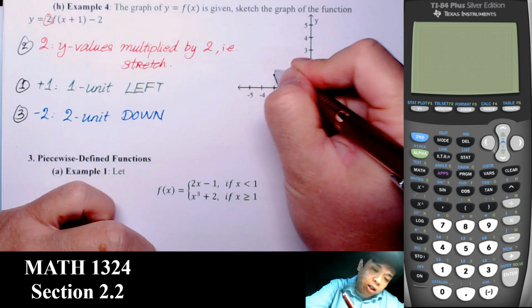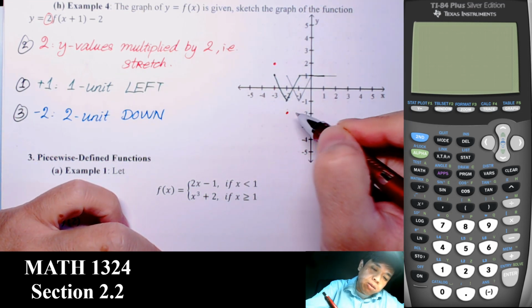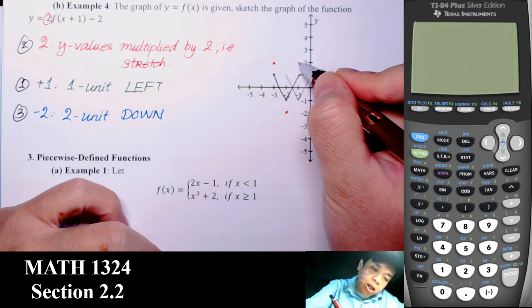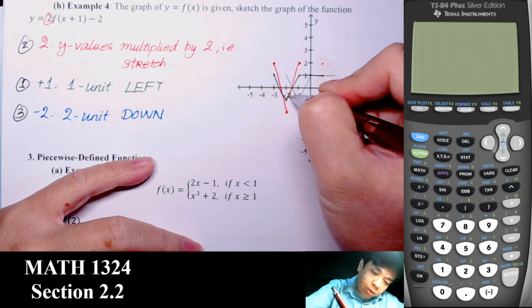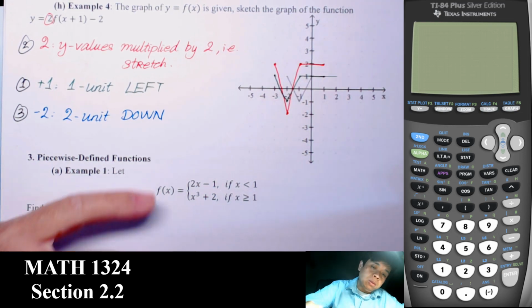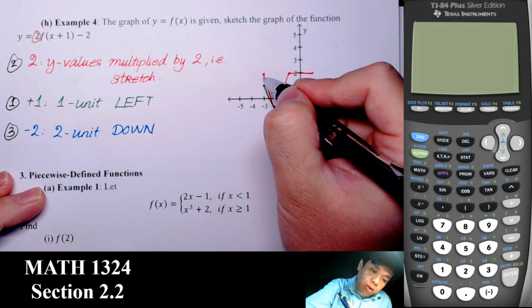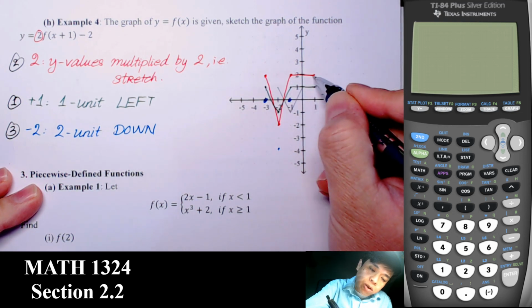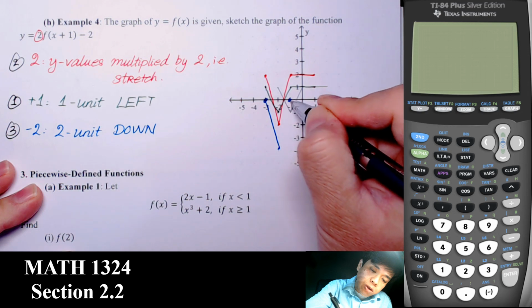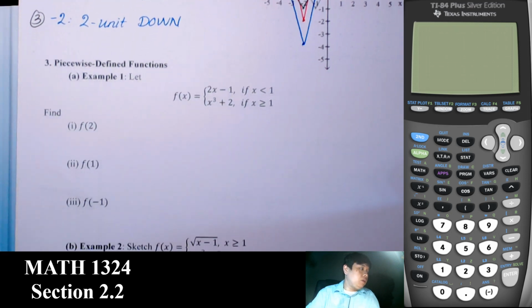So y value is 1, multiplied by 2 is 2. Y value is -1, multiplied by 2 is -2. So we have that. The 1 to the left, and then stretch, and then 2 units down.